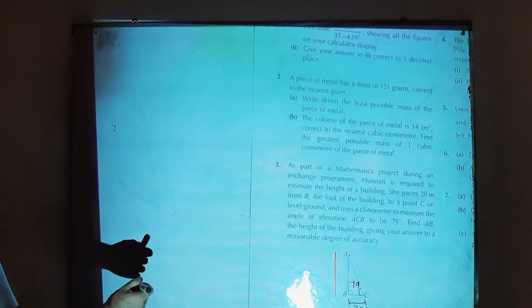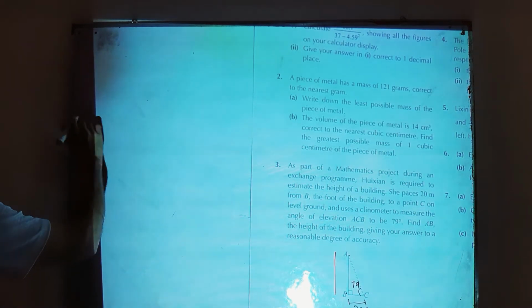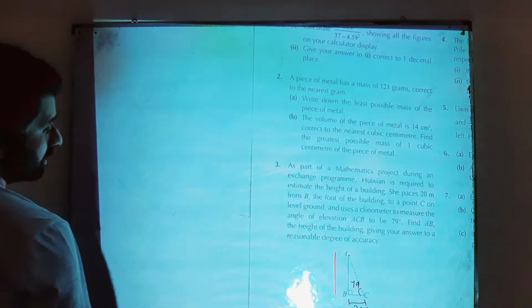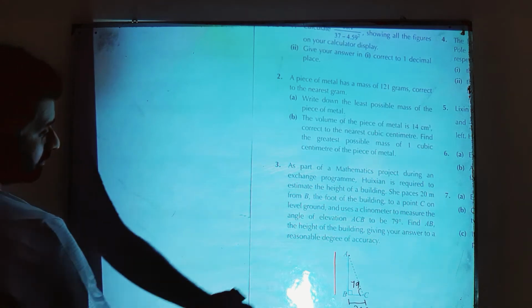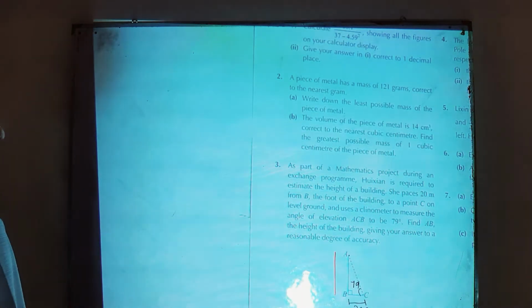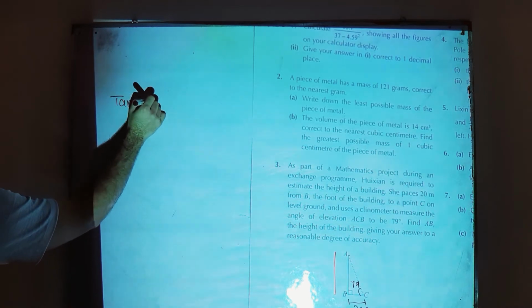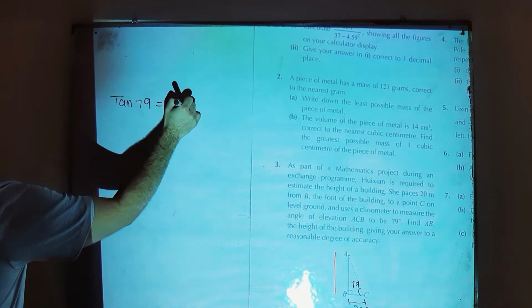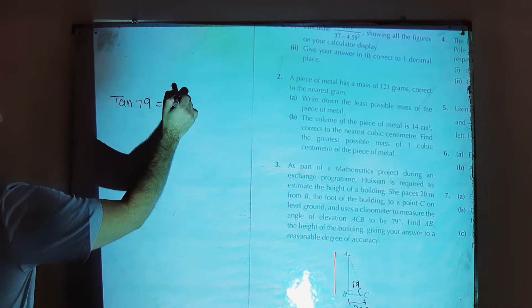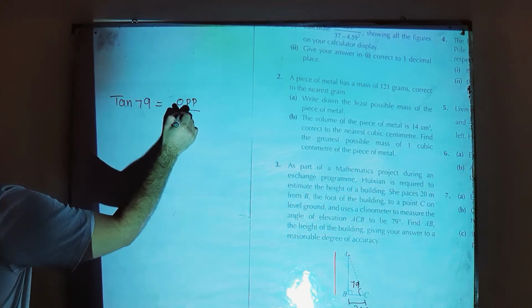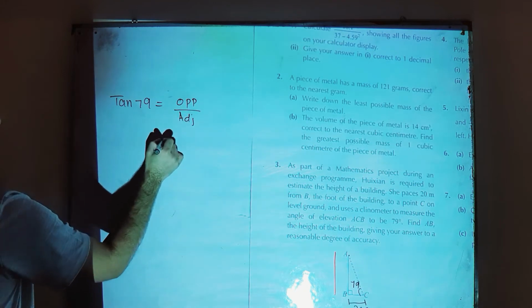Well, this is a right triangle and we need to find AB, which is the perpendicular, while BC is the base. So tan 79 is equal to opposite, the perpendicular, over adjacent, the base.